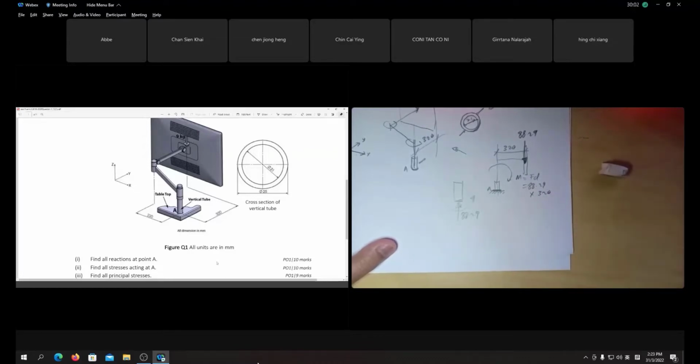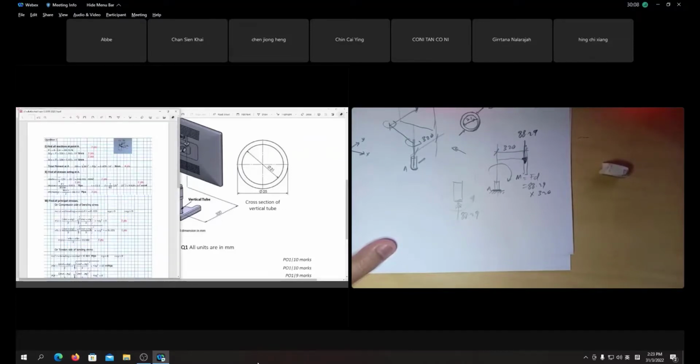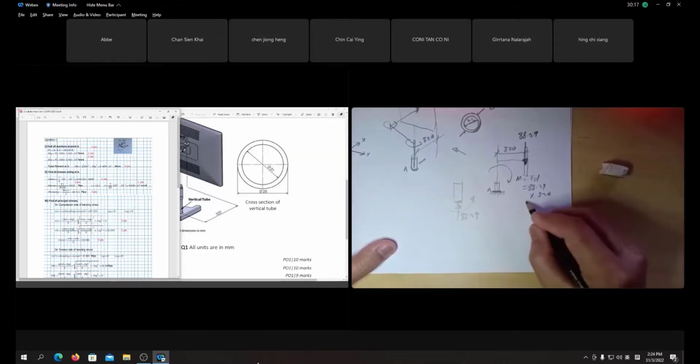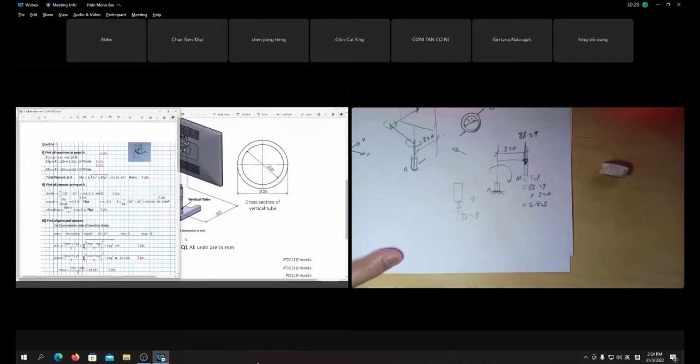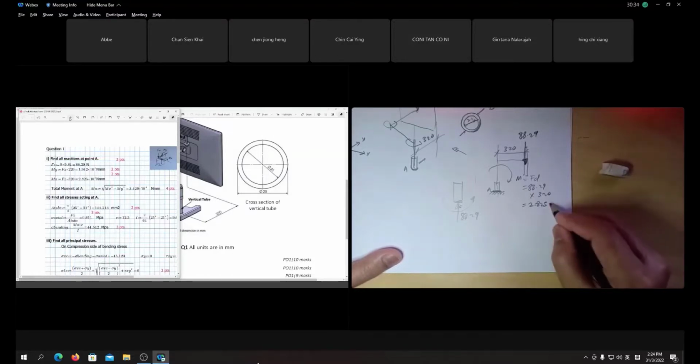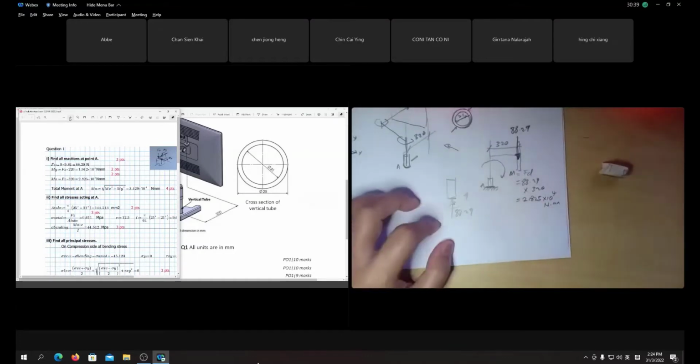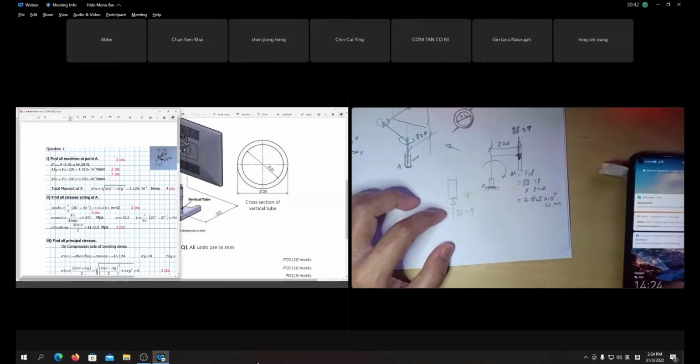Okay, so you got the value of berapa tu moment? 2.825 times 10 to the power of 4 Newton millimeter. Correct?